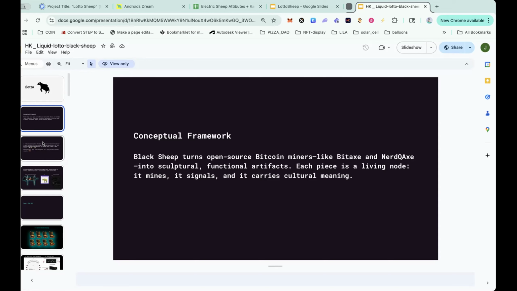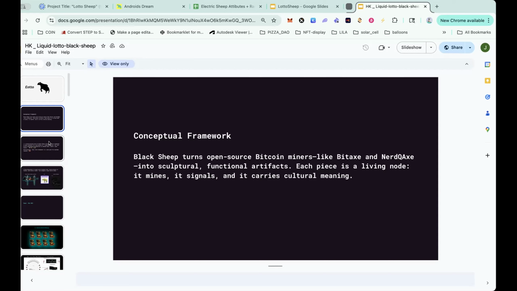I started creating physical sheep using open source hardware that went along with ideas in the home mining community. This is just a conceptual framework here.